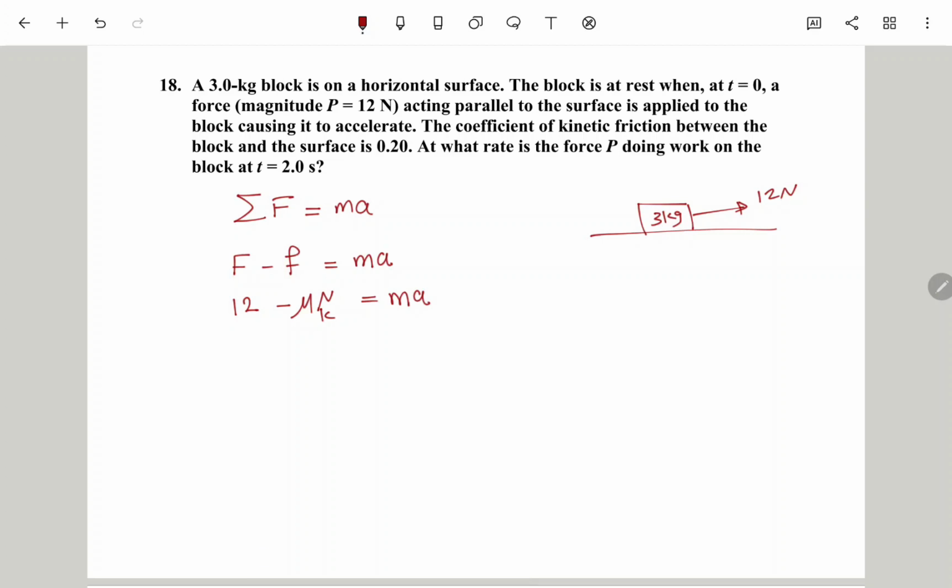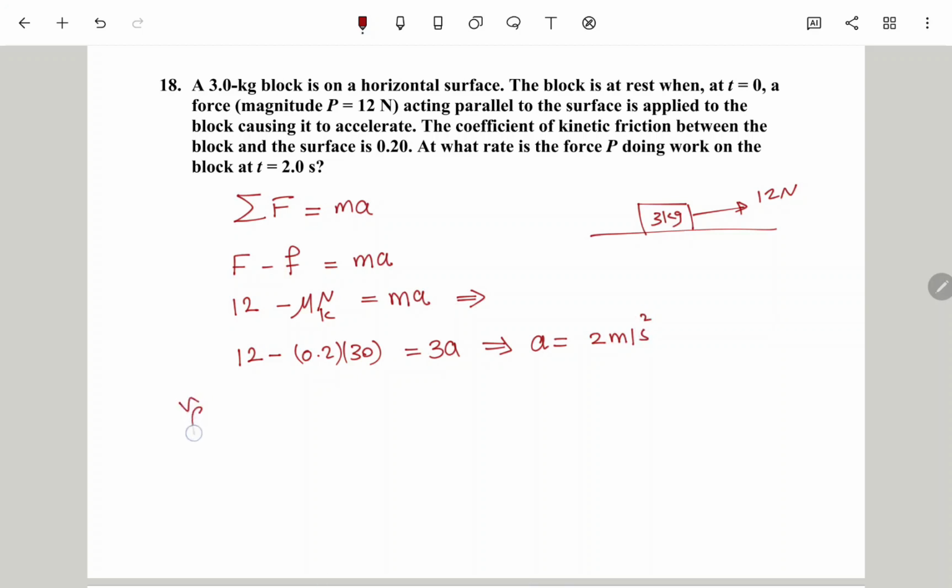You substitute things here, you will find that 12 minus 0.2 times 30 equals 3a, and a in this case equals 2 meters per second squared.